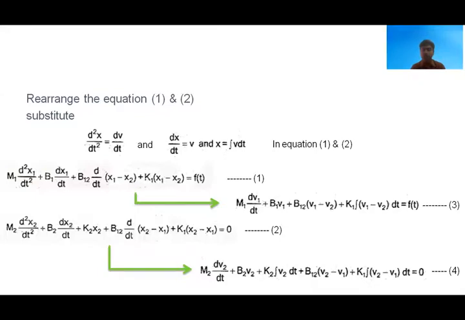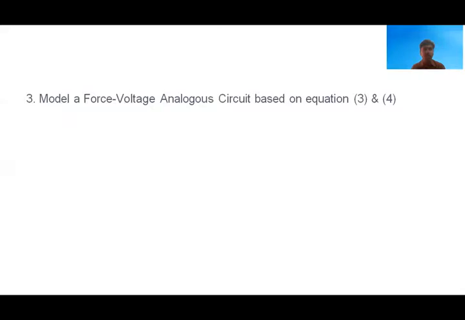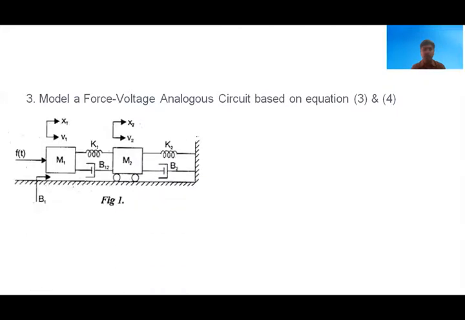These third and fourth equations are useful to convert the mechanical systems into electrical systems and to compare these equations with the equations obtained from the electrical systems. So for now, keep these equations aside. Now we'll convert the given mechanical translation system into an electrical model by using equations number 3 and 4.